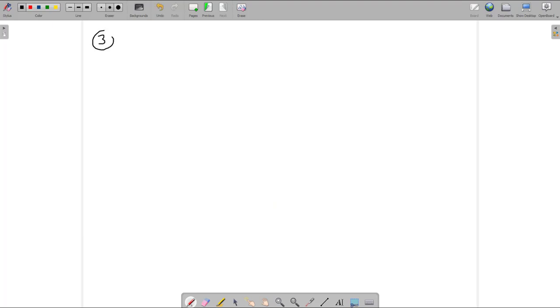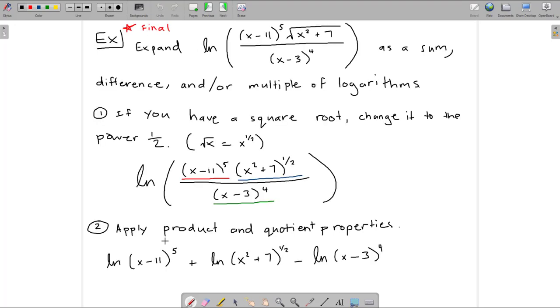Step 3, apply power property. So taking this first term here, we have the 5 as a power, so we know that that one has to come out to the front.